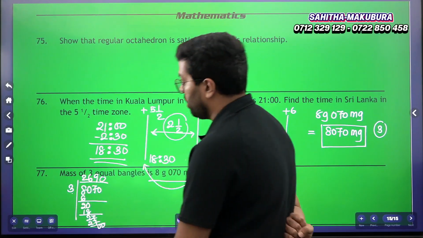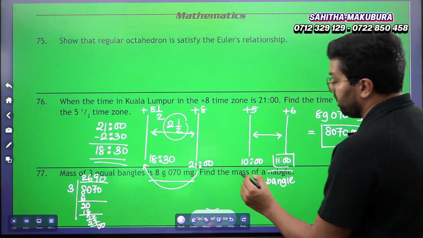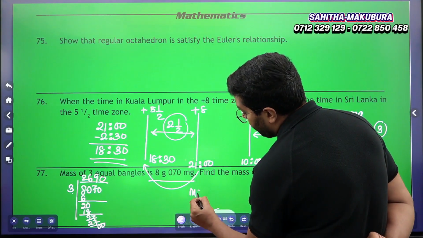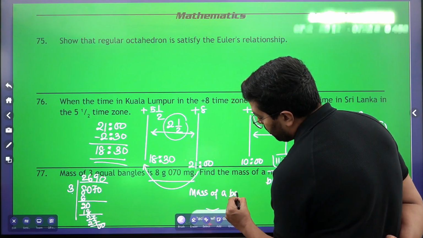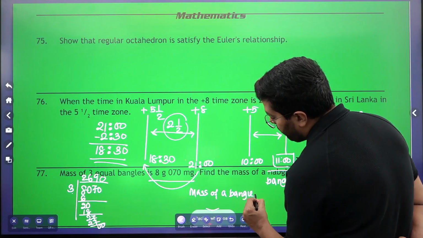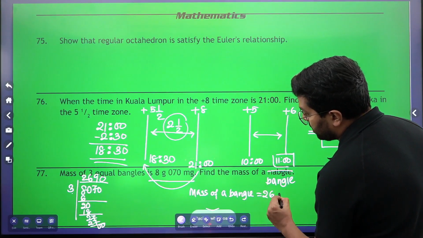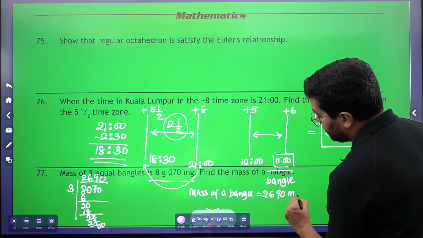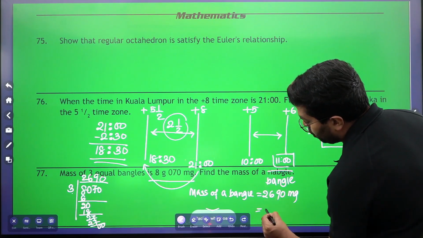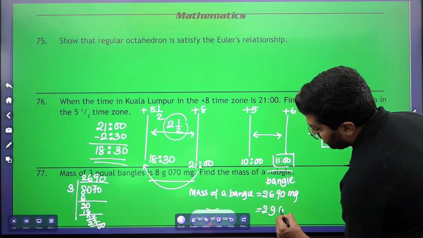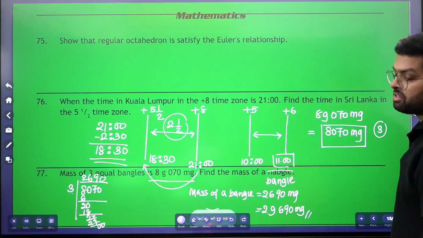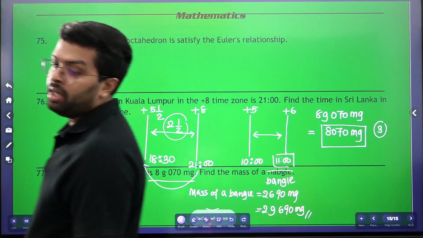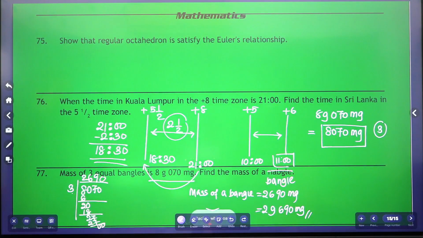So what is the mass of a bangle? 2690 milligrams. That means 2 grams and 690 milligrams. All right, question 77. Am I correct? Yes, right?